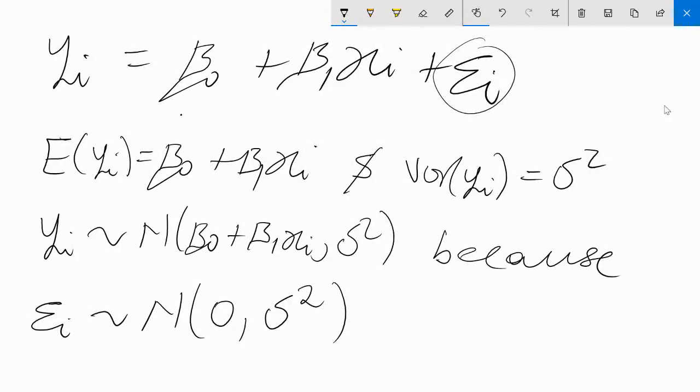But for the variance, the variance of the constant term is equal to 0, and we are left with the variance of the error term, and that is sigma squared. And because y is a linear function of a normally distributed random variable, which is the error term, y, the response variable, also follows a normal distribution.